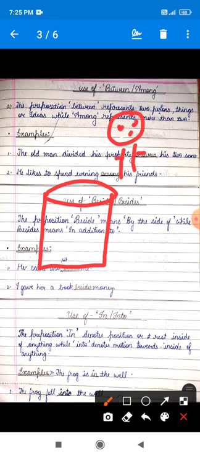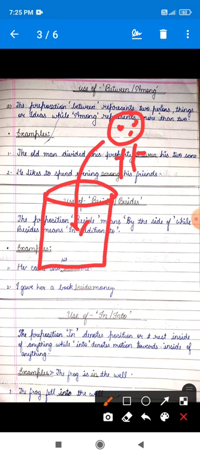And the blind man fell into the well. So dear, you can see the blind man is not already inside the well, but he fell with motion inside the well, okay dear.